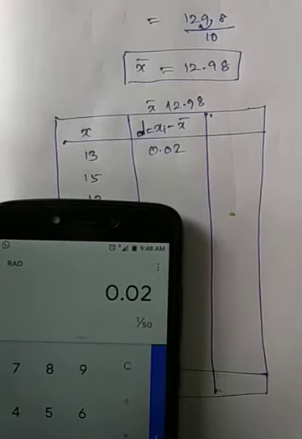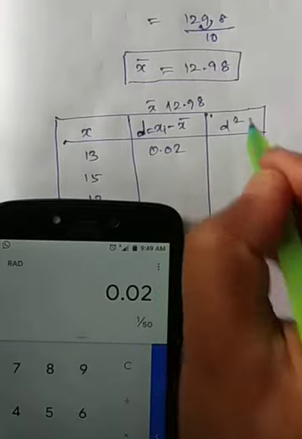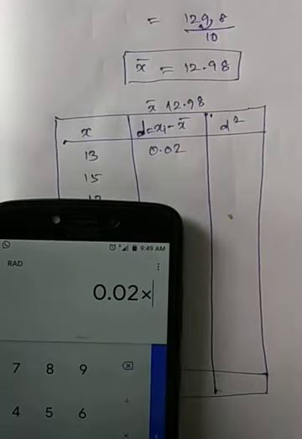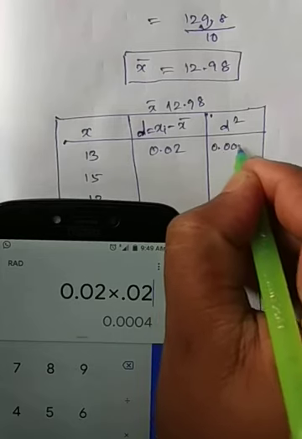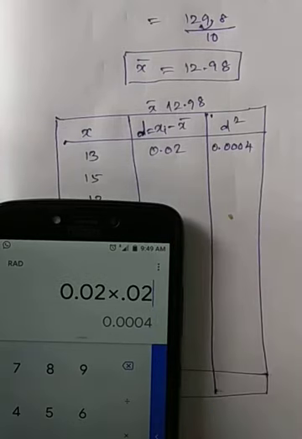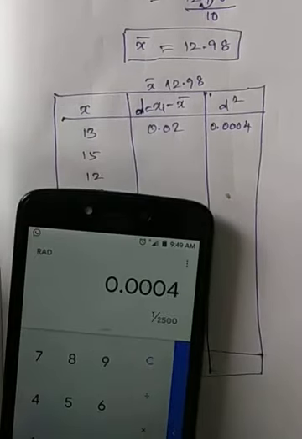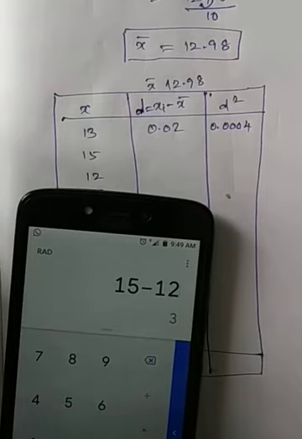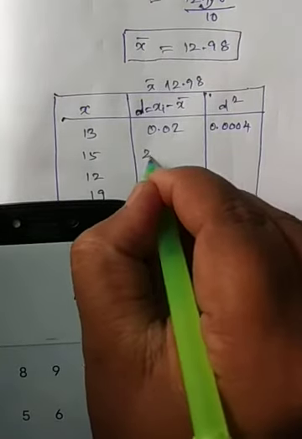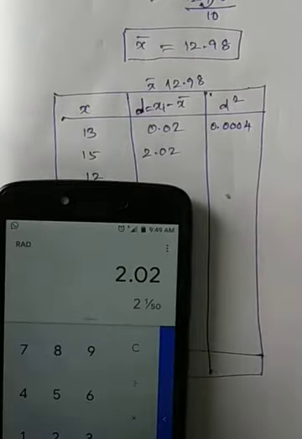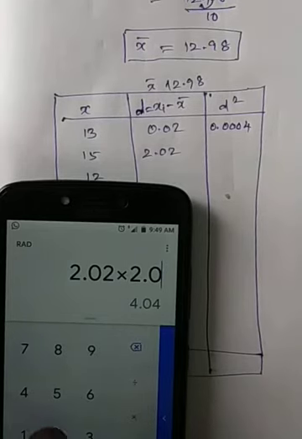Simultaneously I'm squaring, since we need to write d square, so 0.02 squared gives 0.0004. Next, 15 minus 12.98 gives 2.02. Now I multiply 2.02 by itself. What am I getting?